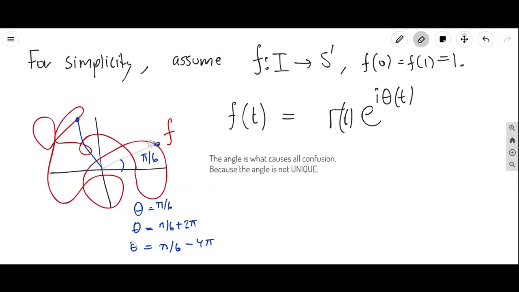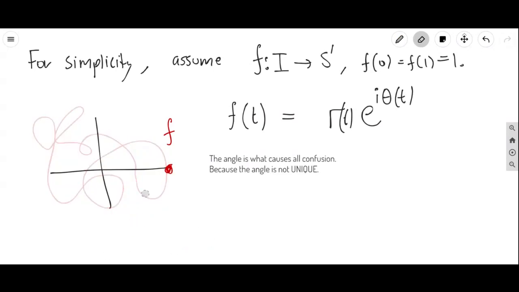So let me show you what happens as we travel around the circle and what kind of problems arise with the angle. Let's say we start right over here. We start our path at that point, and we're going around like this, counterclockwise. So we move over here. Now, when we're up here, there's not really much confusion.